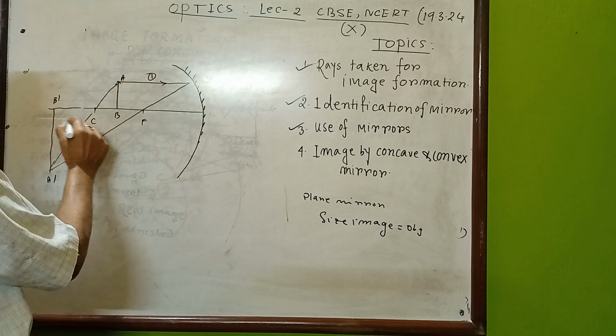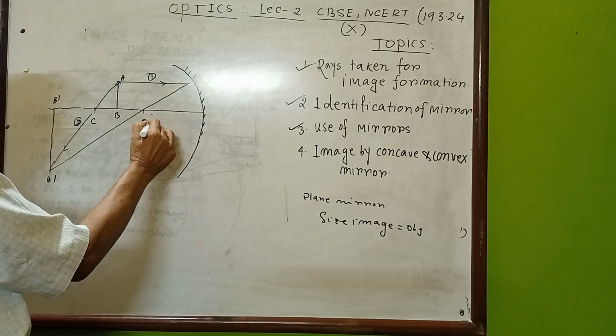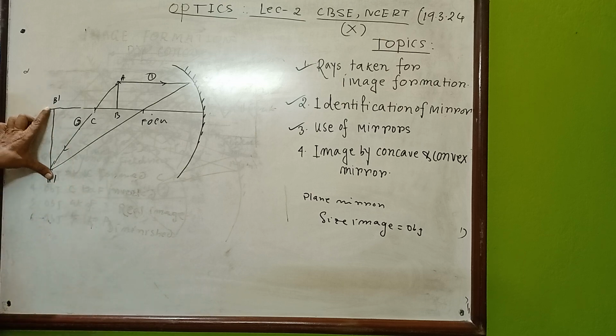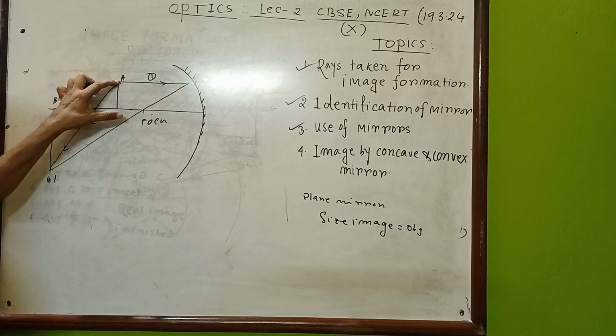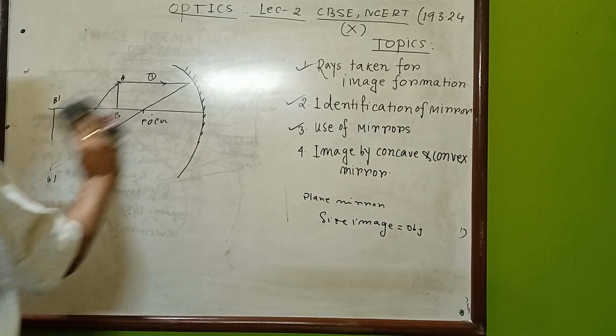One ray, this is the second ray. After reflection, they pass through the focus. This is the focus. So two rays meet at the point A prime. Let us draw the perpendicular. We see the size of the image is larger than the size of the object, but it is inverted, not erect. So it is real in nature.